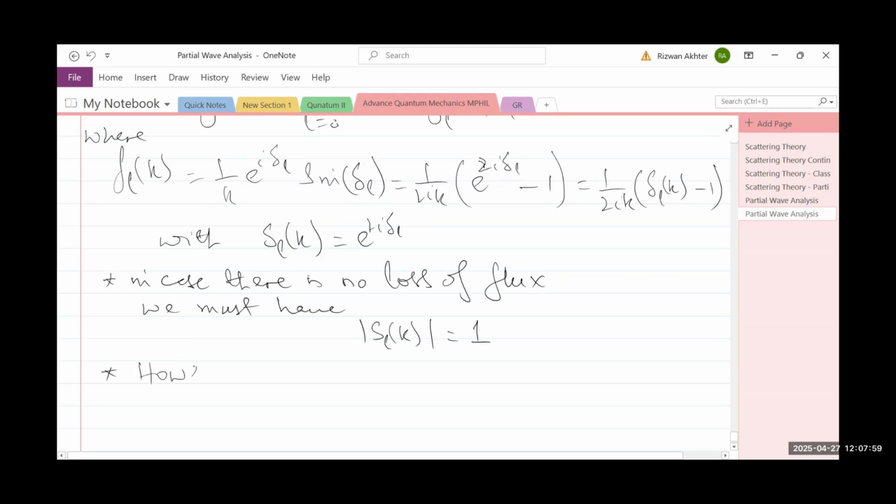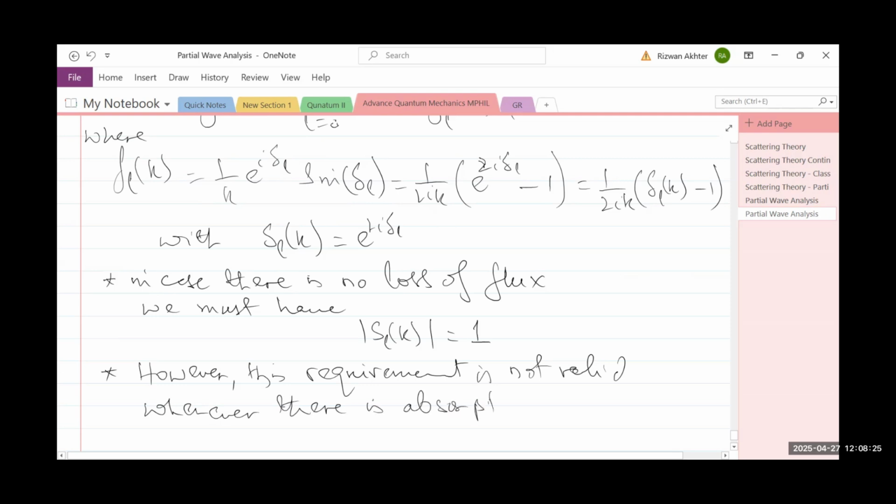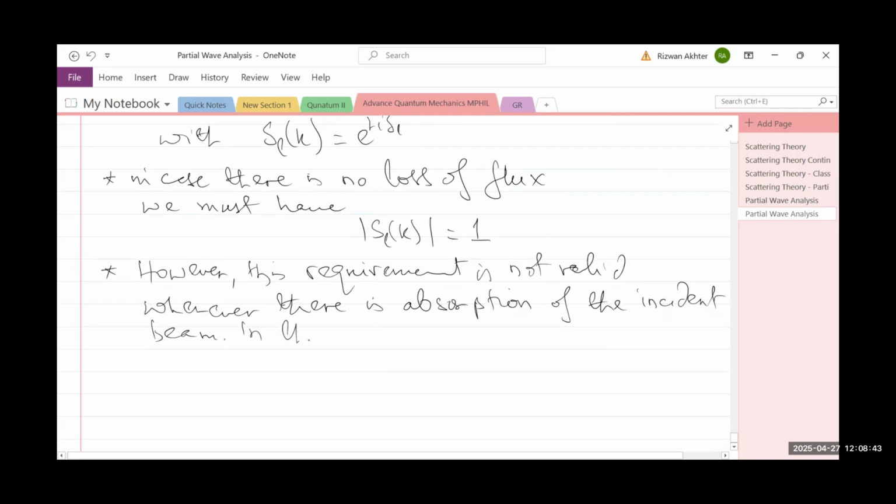However, this requirement is not valid whenever there is absorption of the incident beam, that is in the case of loss of flux, the S_L of k must be redefined.